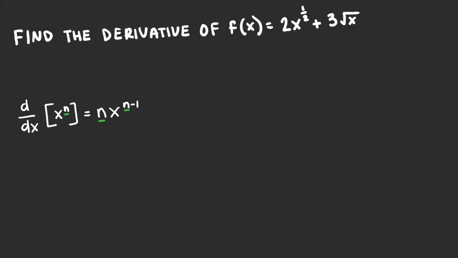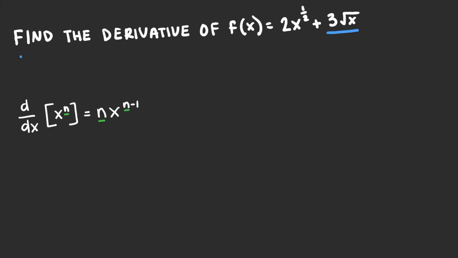Okay, for our next example, we're going to try to find the derivative of f of x equals 2x to the power of 1/2 plus 3 times the square root of x. So remember that we're working with the power rule, so we want to see exponents, not square roots. For this first step, let's change this square root into the notation of a power.